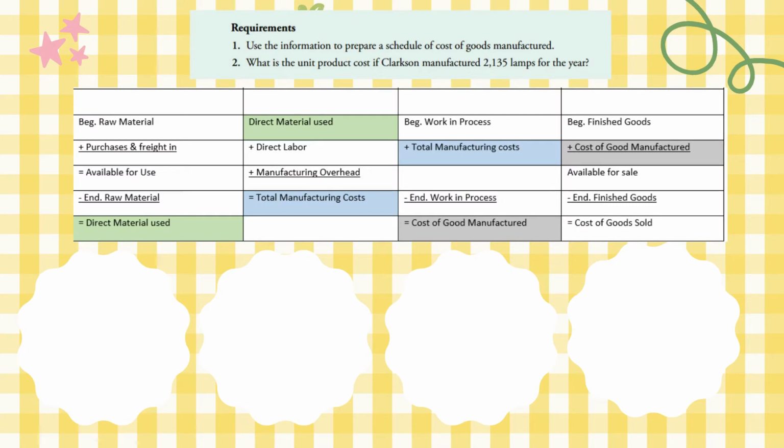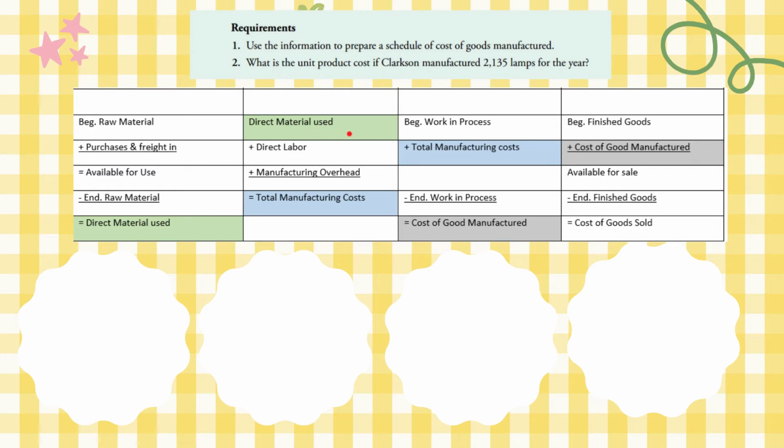Requirement number 1, use the information to prepare a schedule of cost of goods manufactured. Now to find the cost of goods manufactured, as you can see, this is your formula sheet. It's beginning work in process, which is the beginning balance of work in process inventory. I add to it total manufacturing cost and I subtract ending work in process. Now if total manufacturing cost is not given, you go back.